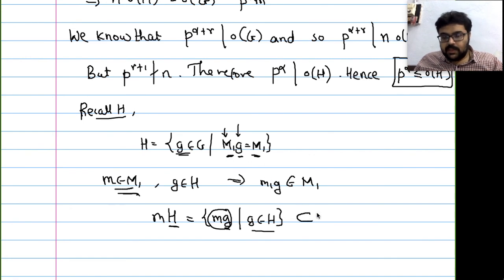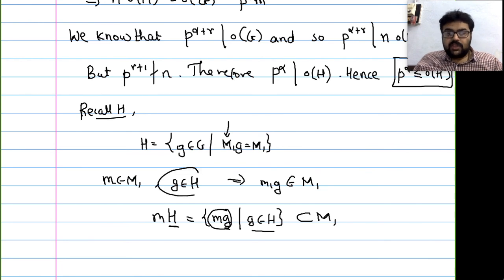So this is a subset of M1. Is it clear? Once again, what is H? H is all those elements G in the group such that M1G equals M1. So if I take any element in M1 and multiply with an element G in H, then the answer also must be in M1. So M1G is in M1.